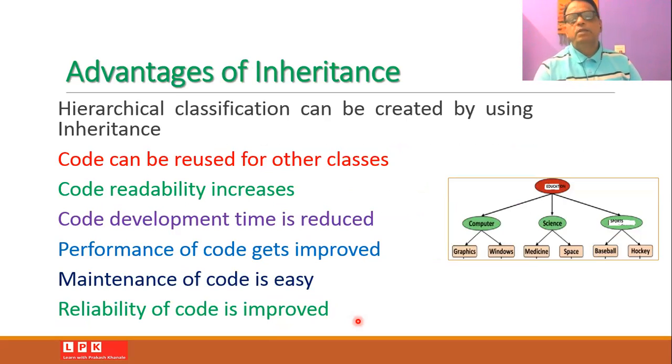Whenever we make use of inheritance, there are certain advantages in programming. The first advantage is that a hierarchical classification can be easily created. For example, education can be classified into categories such as computer education, science education, and sports education.